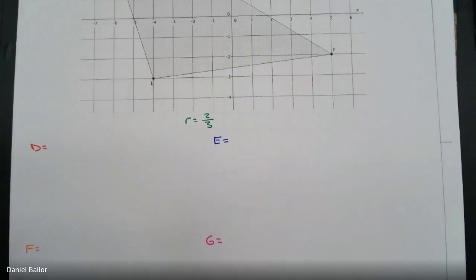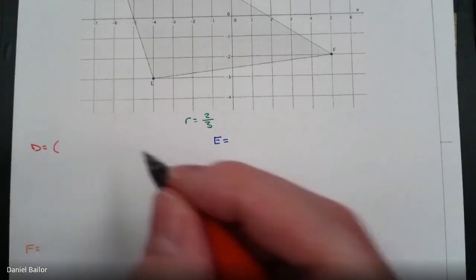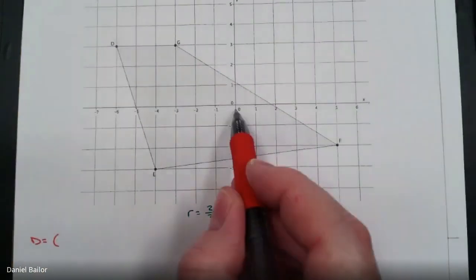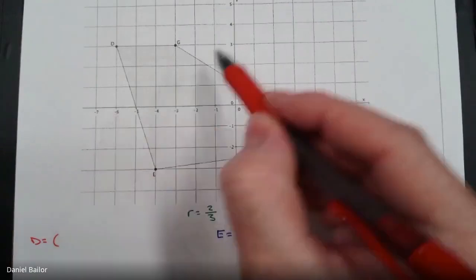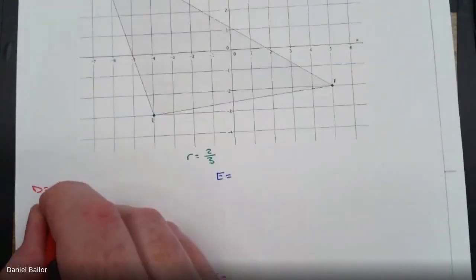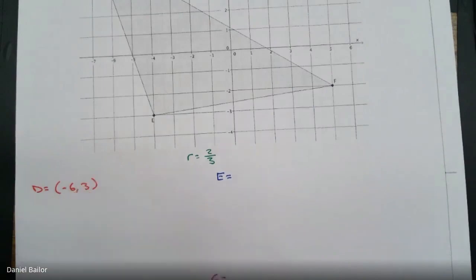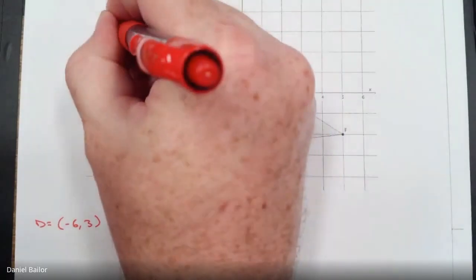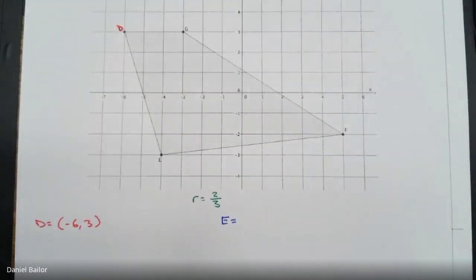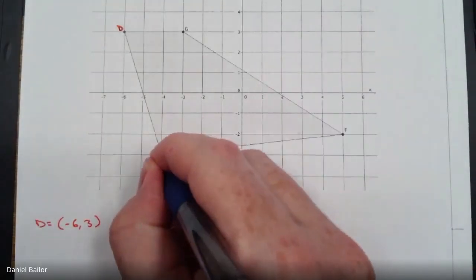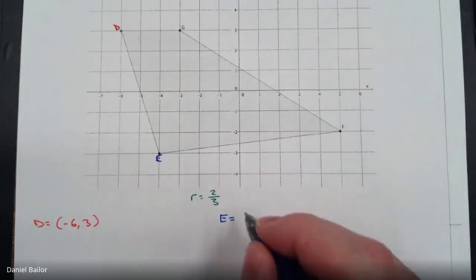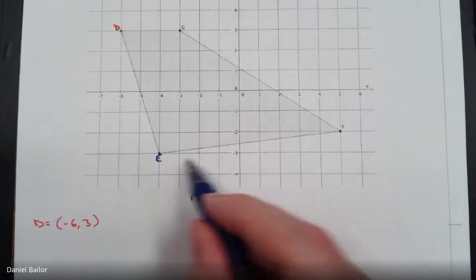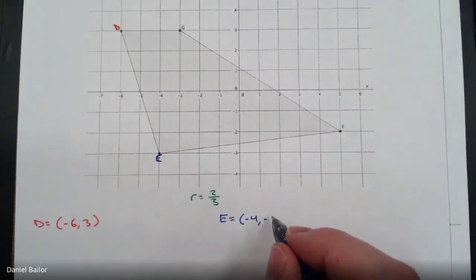So the first thing we need is we need to find the coordinates for all of these points. D is -6 on the x and 3 on the y. So it's -6, 3. And here's D right here. E is down here, and those coordinates are -4 on the x and -3 on the y.